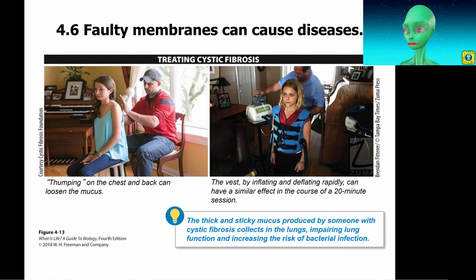Now, there are times when we have faulty membranes, and these can cause diseases, and cystic fibrosis is one of those. It gets a thick and sticky mucus, and it's all due to the fact that one of the pumps, sodium pumps, isn't working properly, and the mucus thickens. And it's an inherited disease.